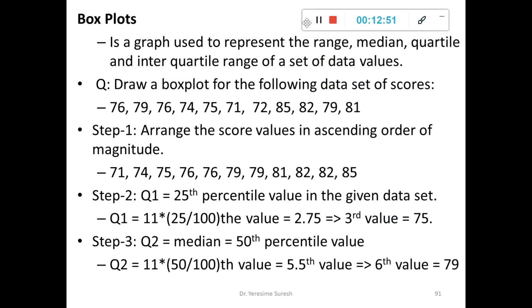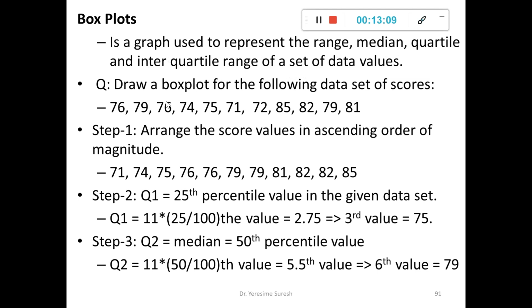So far in your introductory classes we have discussed box plots in theory. Now we'll solve the problem. What exactly is a box plot? It is a graphical representation used to represent the range, median, quartiles and interquartile range of a set of data values.